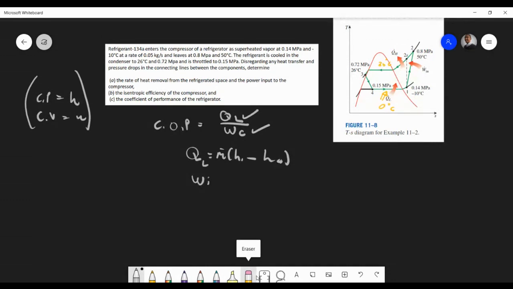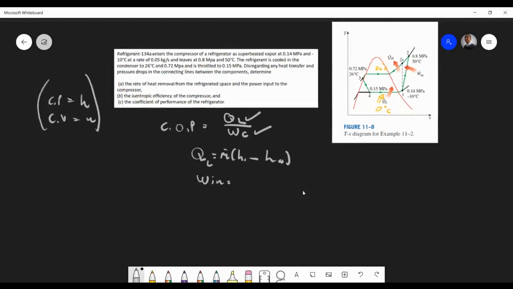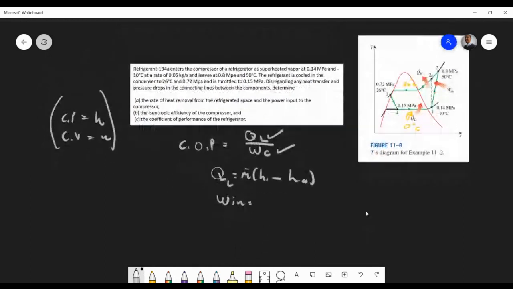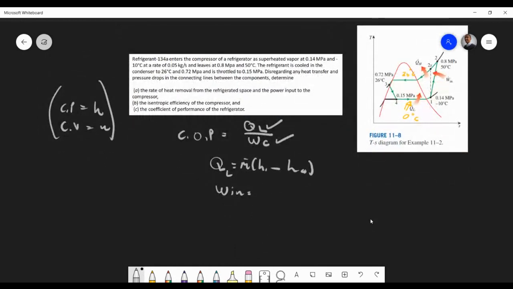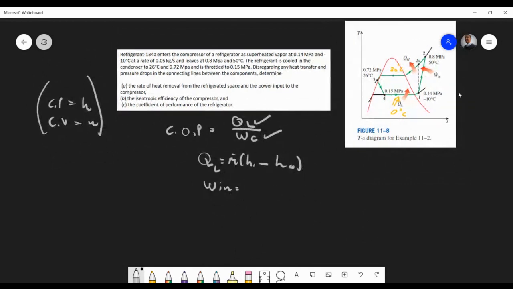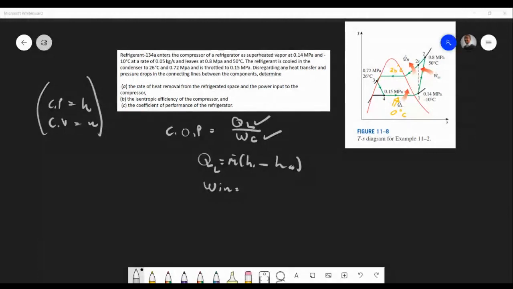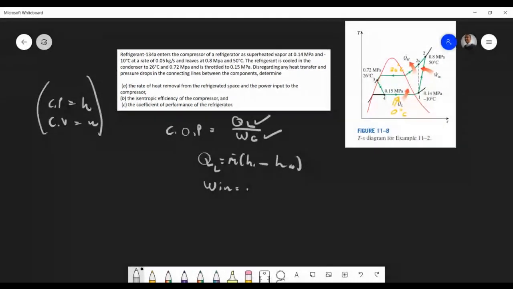Your compressor, where's your compressor between? Sorry, your compressor. You're working from your compressor. Two and 1. That's correct.